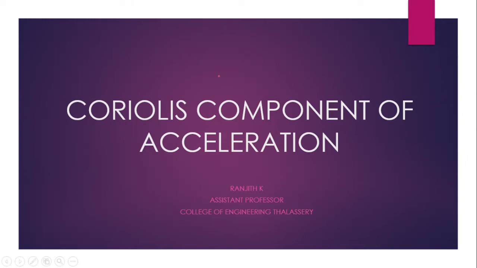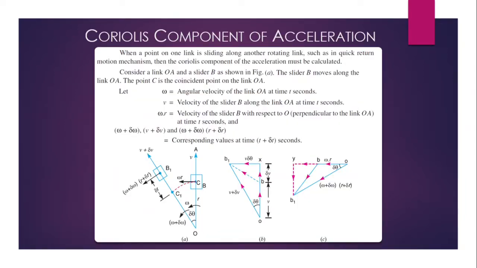Today we will look into the Coriolis component of acceleration. Here, when a point on one link is sliding along another rotating link, when a point on this particular link OA, that link is rotating.